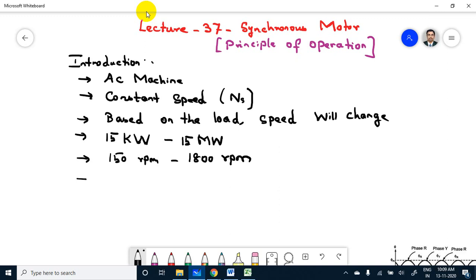And the major definition of this synchronous motor is that it converts electrical energy into mechanical energy.